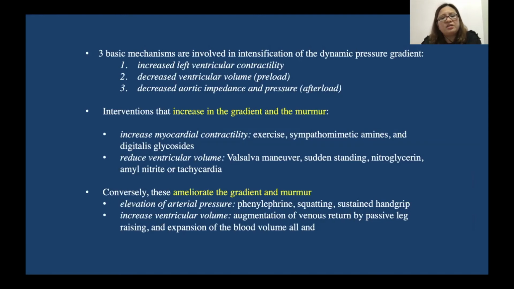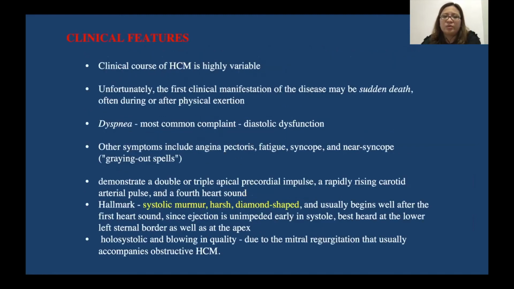By increasing the ventricular volume, by increasing the venous return to the heart using passive leg raising, and if you increase the blood volume, you decrease the gradient and the intensity of the murmur.